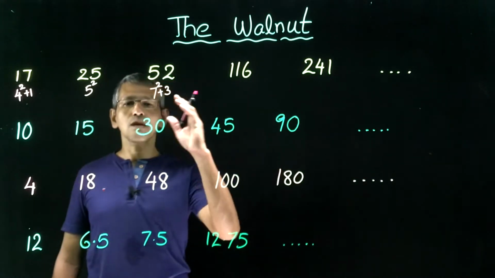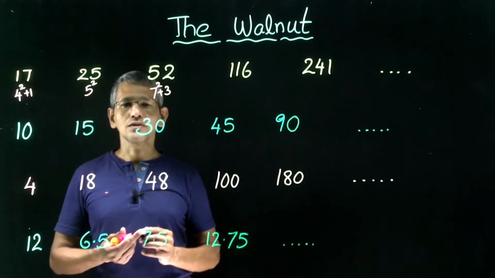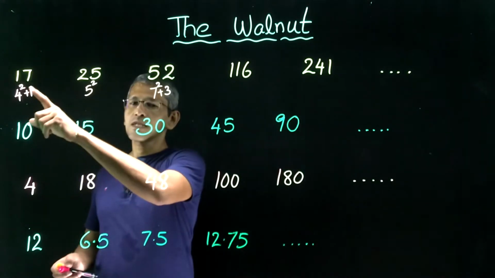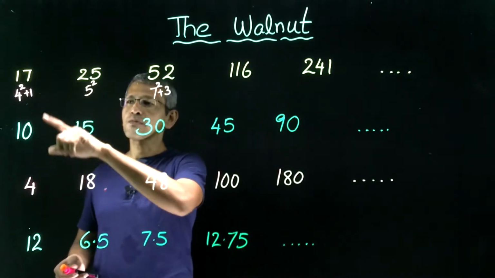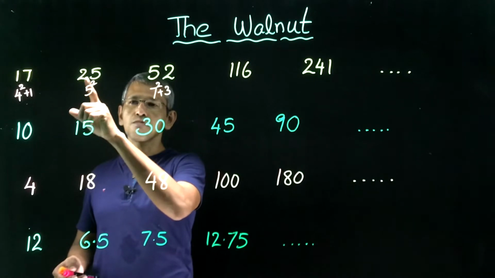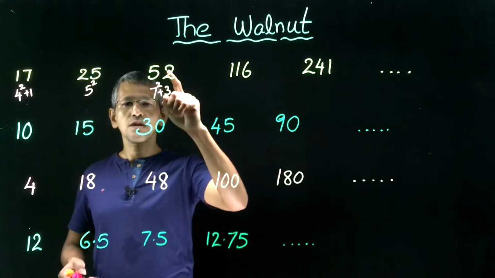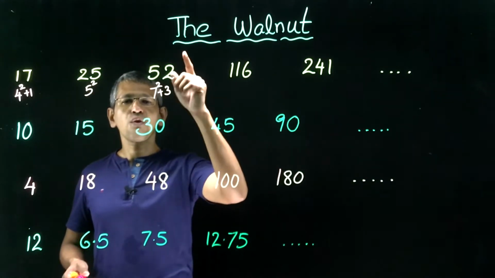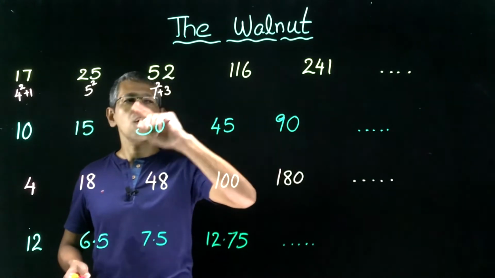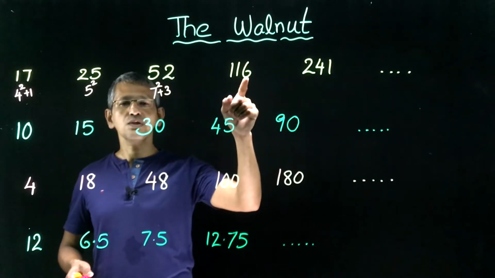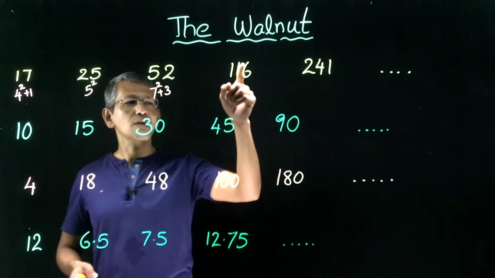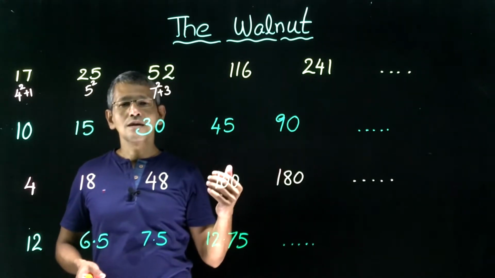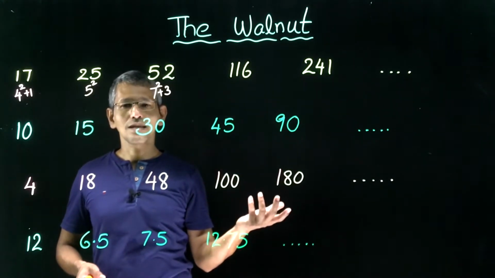Is there any other possible pattern we can have here? Just think about it. 17 and 25 in terms of cubes: the nearest cube is 3 cube minus 2, but for the next, the nearest cube is 64, so it's 4 cube minus 12, and the nearest cube here is 125, that is 5 cube minus 9. Doesn't make any sense.